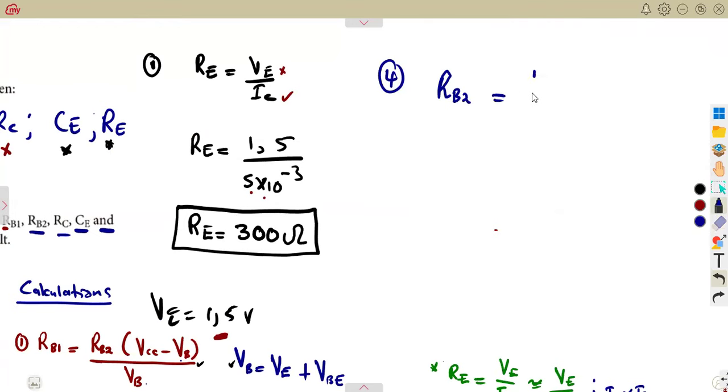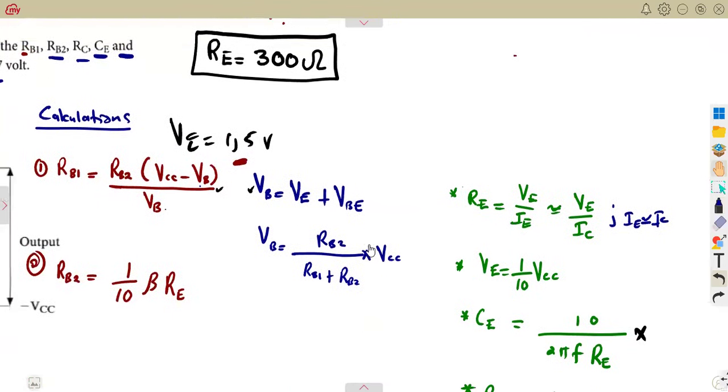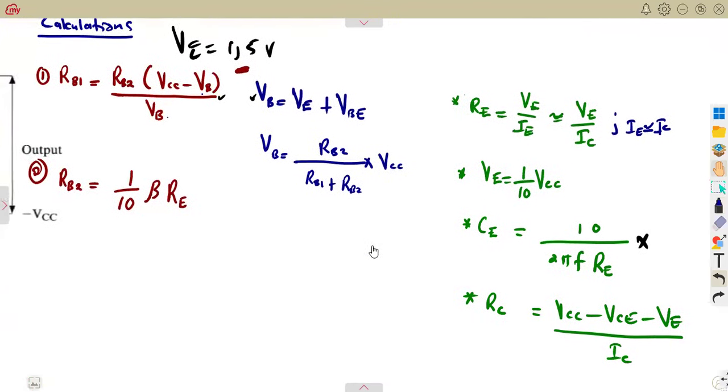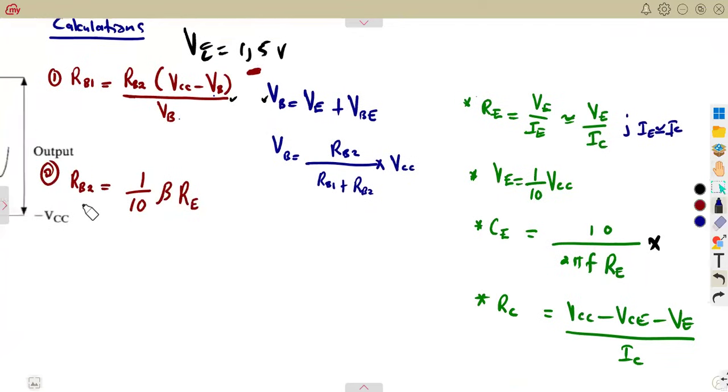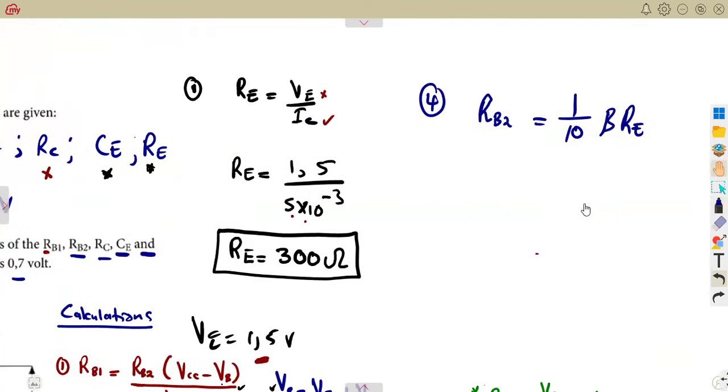We saw that this is 1/10 of beta RE, which you're also given from your formula sheet. If we check the part of our RB2 here, it's easier for us to calculate this. As you can see, for RB1 you need RB2, so you must calculate RB2 first.